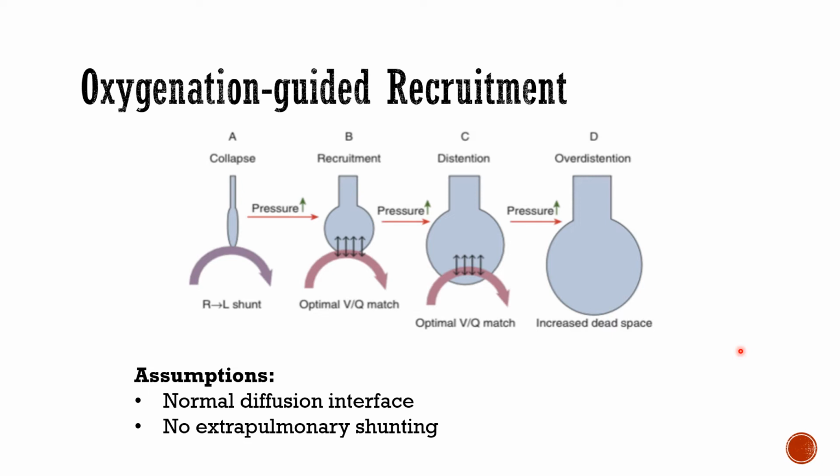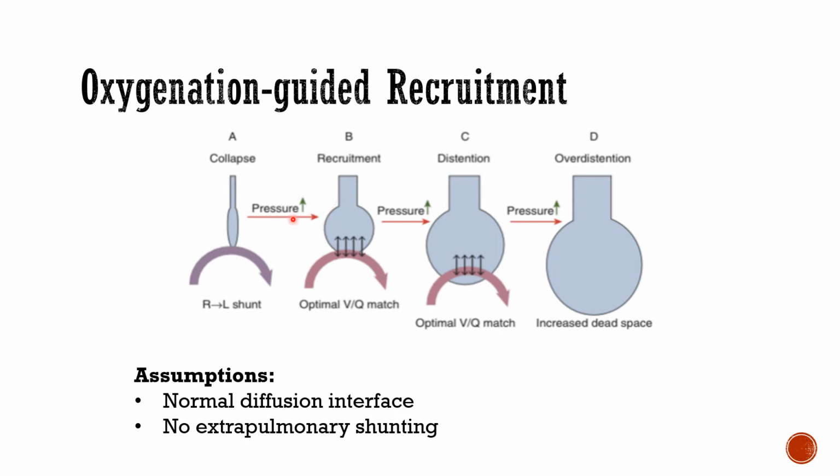Oxygenation-guided recruitment. The principle from this, as we can see in this image, is that initially when we start with a collapsed alveolus, there is predominant right to left shunting happening with pulmonary arterial blood not being oxygenated.